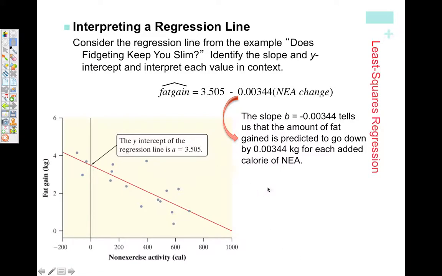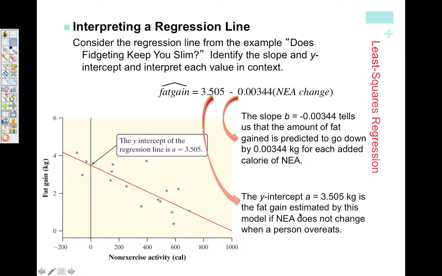What does the y-intercept mean? Well, the y-intercept of a equals 3.505 is the fat gain estimated by this model if the non-exercise activity doesn't change when a person overeats.